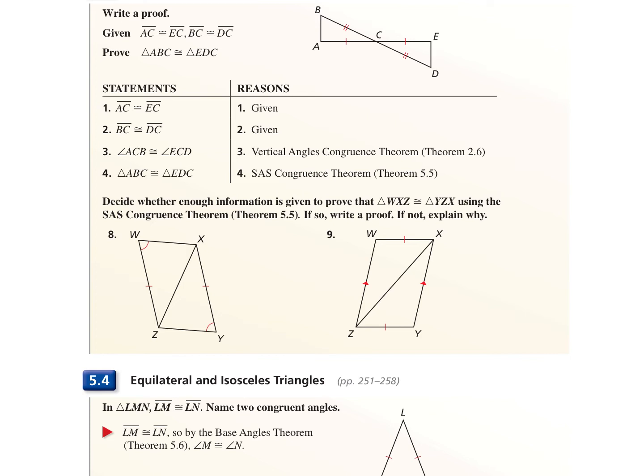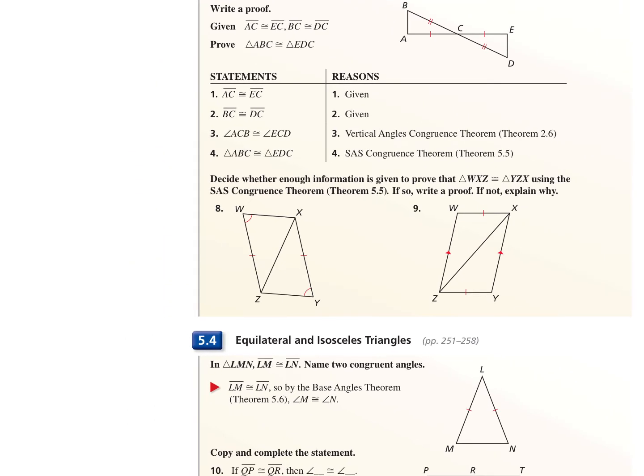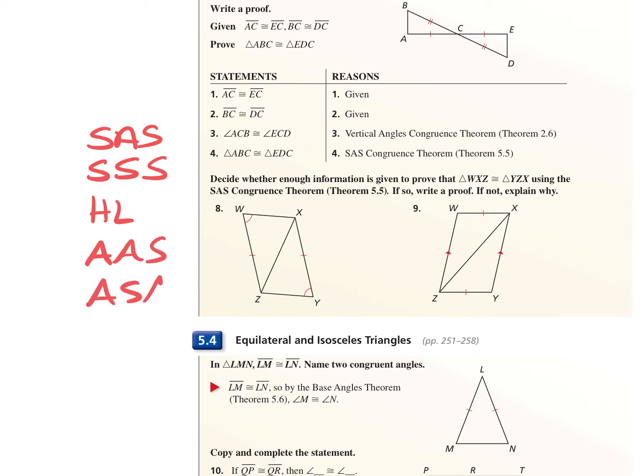On the test, since we learned all 5 shortcuts, instead, the instructions are just going to say, decide which shortcut you can use to prove the triangles are congruent. And it's going to list them all. It'll list side angle side, side side side, hypotenuse leg, angle angle side, and angle side angle.